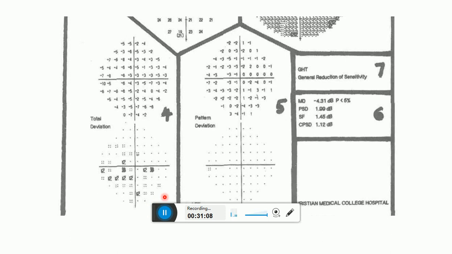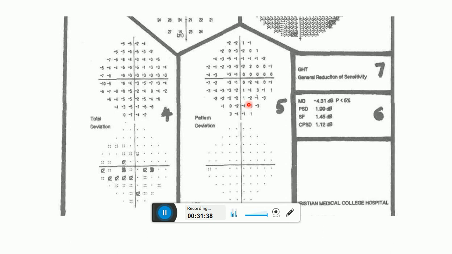Zone 5. To produce this zone, the machine adjusts for overall depression of the visual field due to cataract or some other reason. It adjusts for any overall sinking of the hill of vision, and the pattern deviation plot draws our attention to any localized scotomas that may have been hidden inside this depressed visual field.